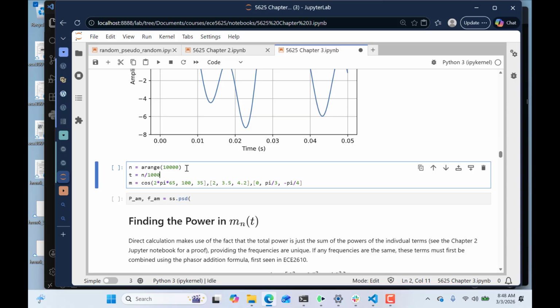So I'm going to create a time axis that has delta t at 1 over 1,000. So I can put into here 65 hertz times t.